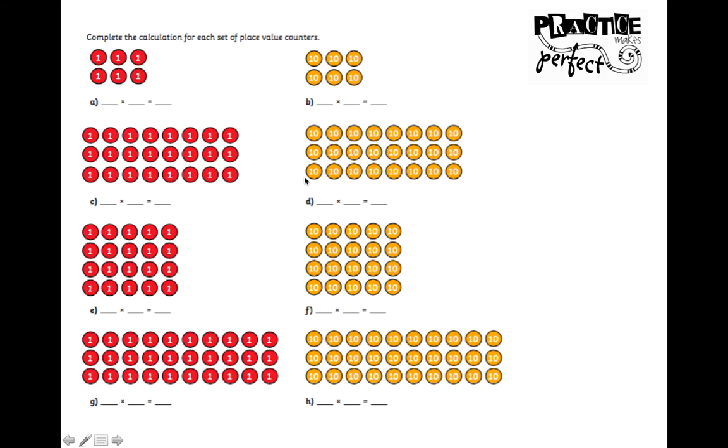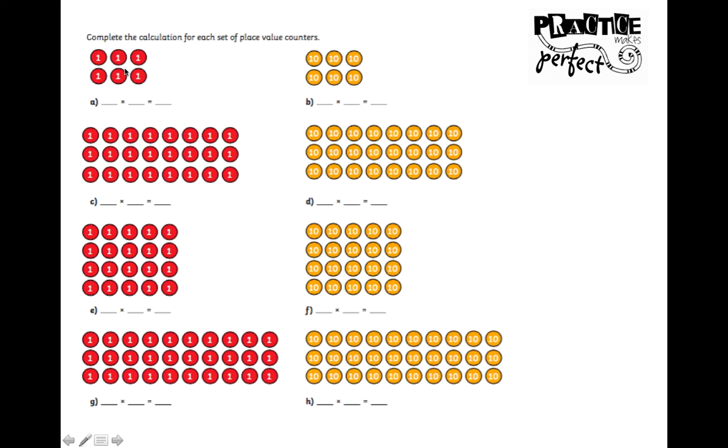There's also some more practice here, and what you've got to do is write down what the array says. So I'm going to look at my rows first. So I've got 3, and then I've got 2 going down in the column. So it's 3 times 2, which I know equals 6. And here, it's not ones anymore, it's tens. So I've got 30 going across in my row. So I'm going to do 30, and then I've got 2 tens going down, so I'm going to do 30 times 2.